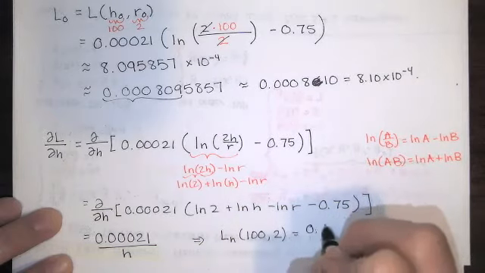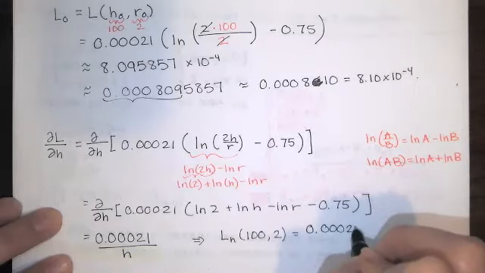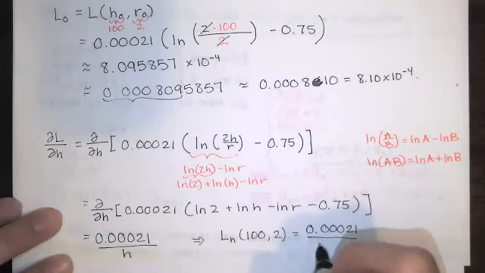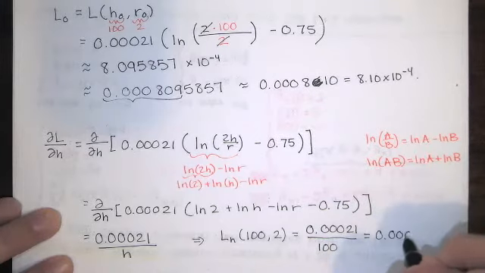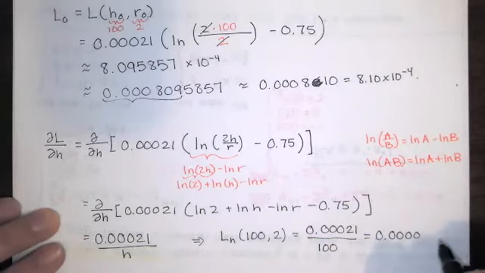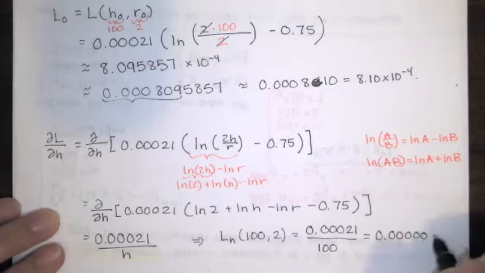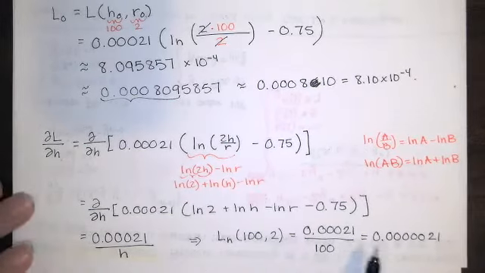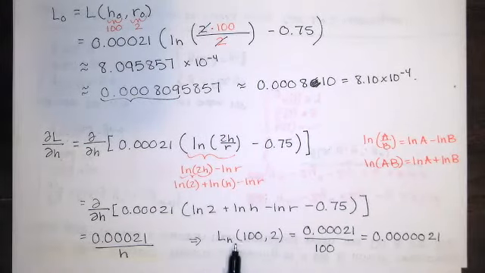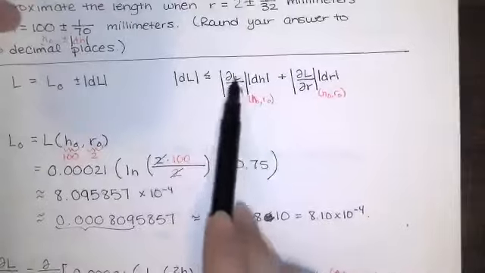So we've got 0.00021 divided by 100. That's going to be 0.0000021. You're just moving that decimal over twice. Okay, so that is the partial of L with respect to H at H naught, R naught. So that's going to go right here.